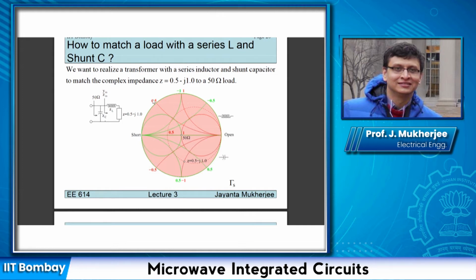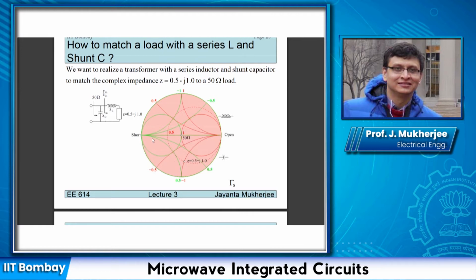You see that a single component, either in series or shunt, is not enough to transform both. So we have to start from here, 0.5 minus j 1.0, and what we finally need is z equal to 1 plus j 0.